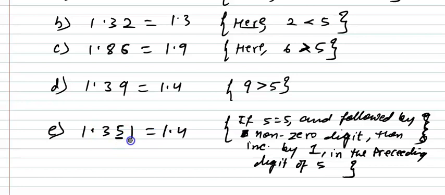You can see after 5 a non-zero digit is present. So if this number is non-zero and 5 is over here and we have to round off up to 2 significant digits, then one should be added. That is why it is rounded off to 1.4, right?